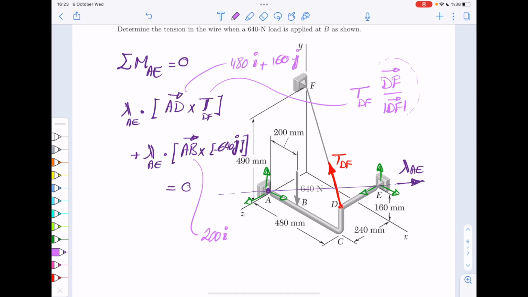And then again, this is nothing but just lambda DF, obviously. And also lambda AE is simply AE divided by the magnitude of AE.